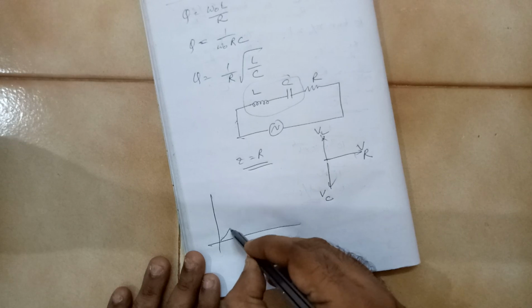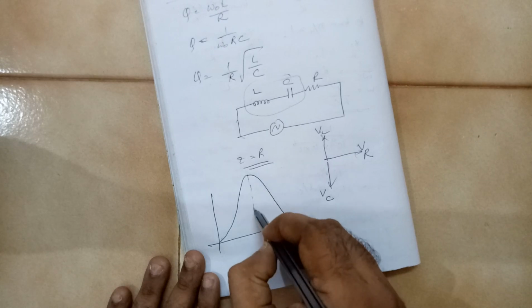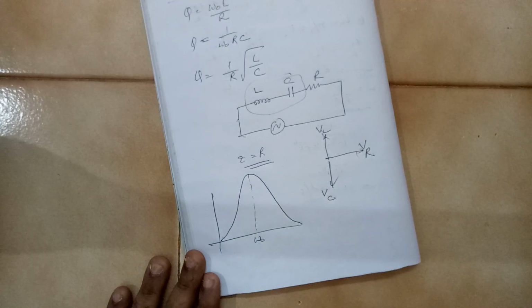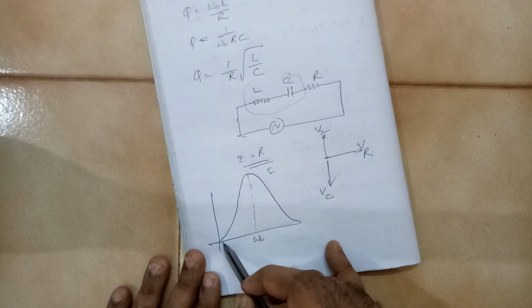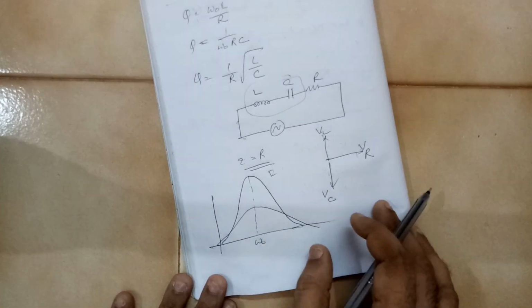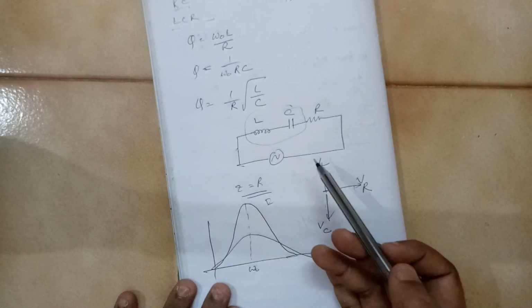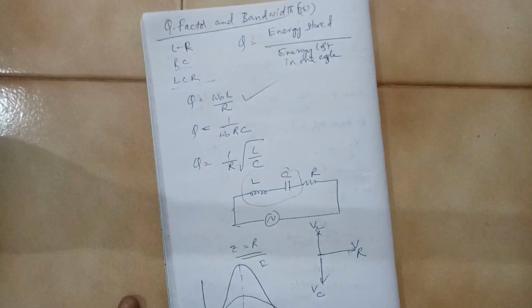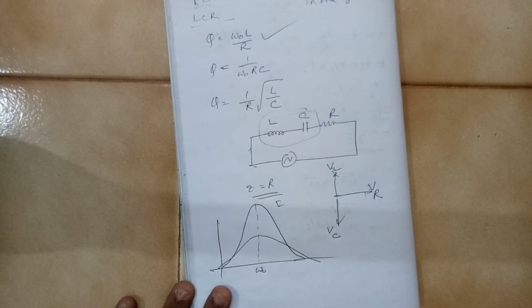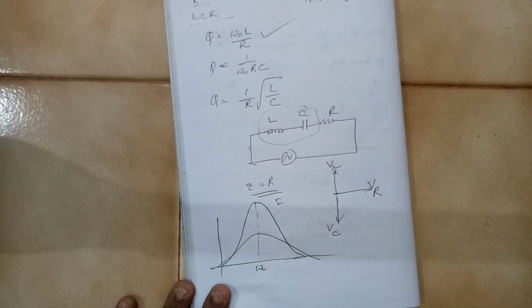So the variation is like this for a particular circuit 1, with this being its resonant frequency, and let us take another circuit which is like this. Let us say these are LR circuits. Quality factor tells us which circuit is preferable.